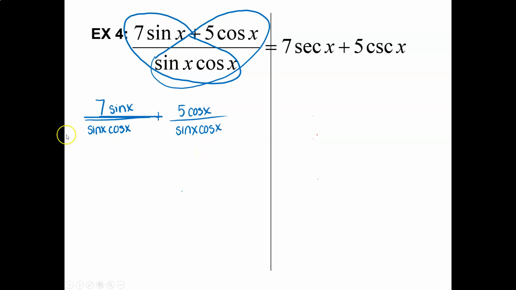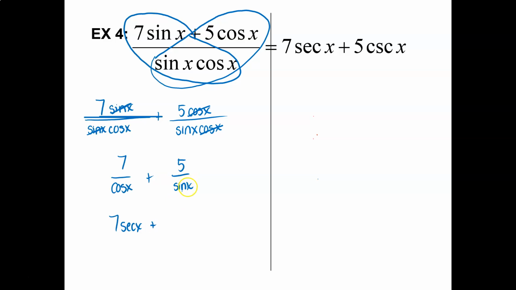Over here, what can happen? Sines can cancel, just leaving me with 7 over cosine x right here. Cosines are gone: 5 over sine x. If cosine x is on the bottom, that's like 1 over cosine x, so I could change this to secant x.